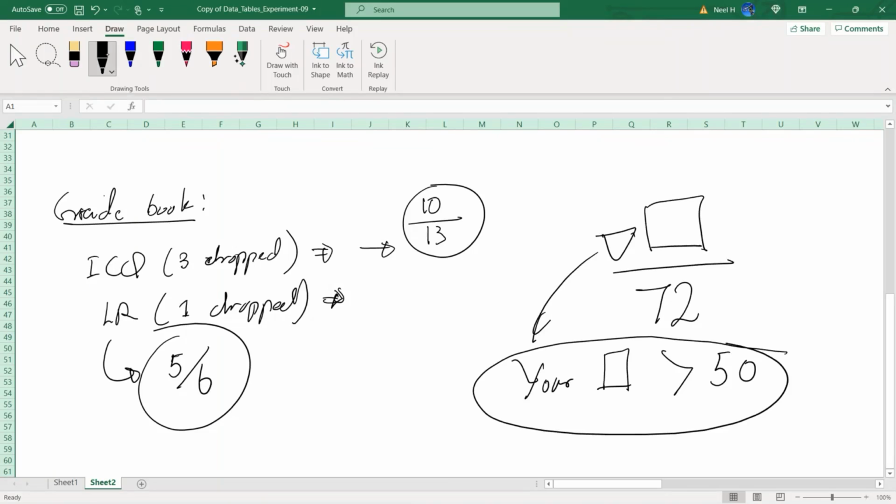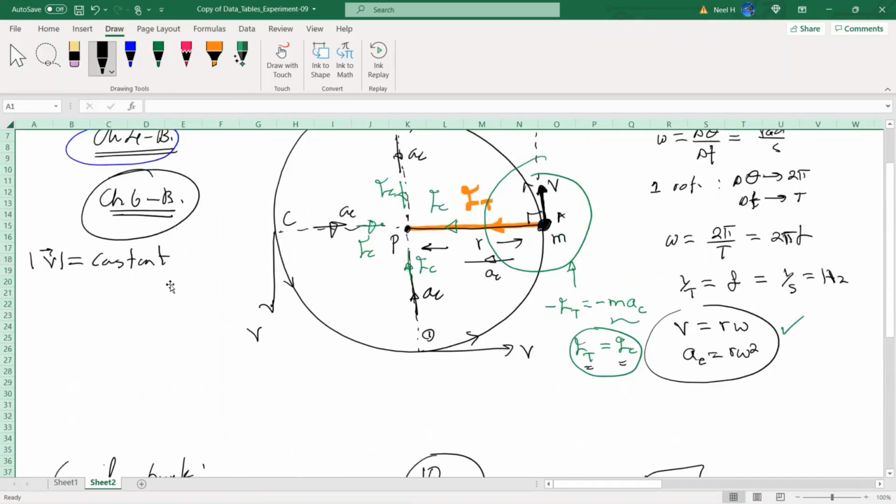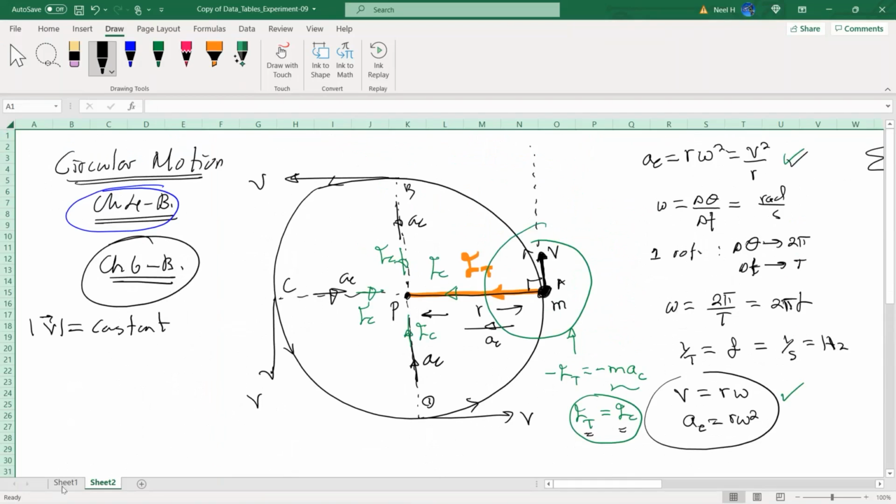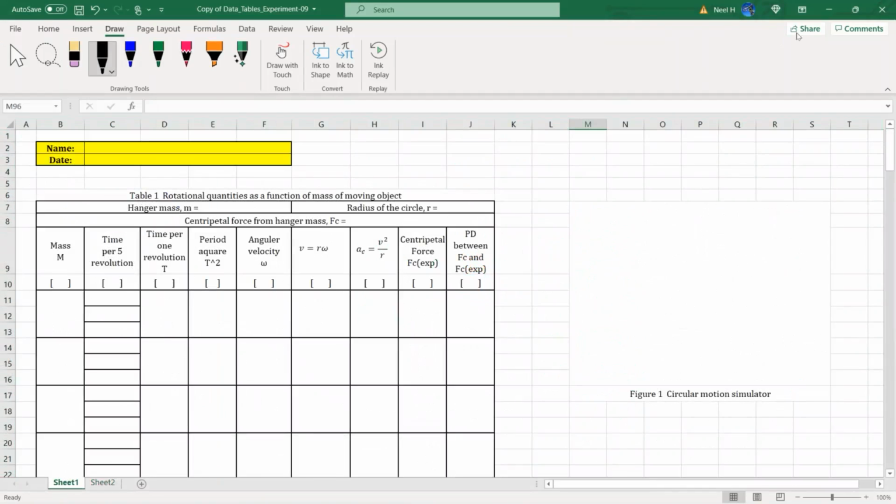If you are below 50, right now you are already losing 22 points. It's very unlikely to catch up and get even 70 at the end of the semester. That will be very tough to do. Take a look and talk to me if you have any question or concern about it. Okay, any questions, any problems?